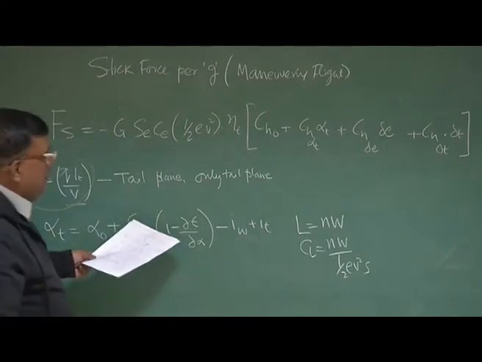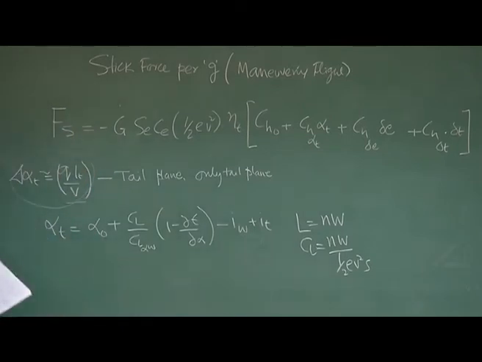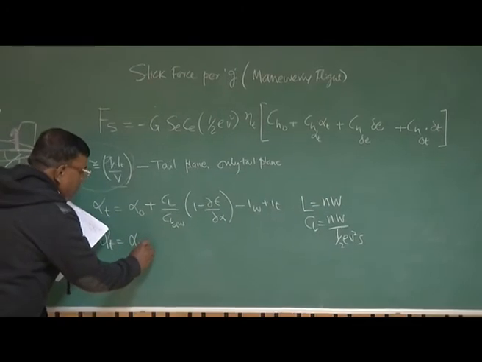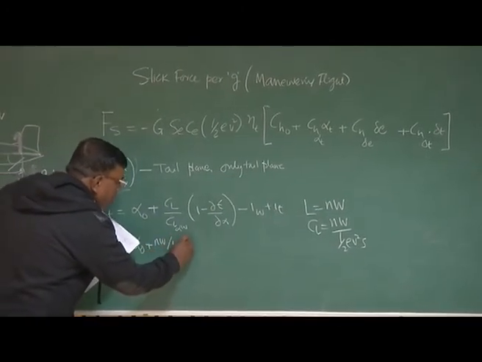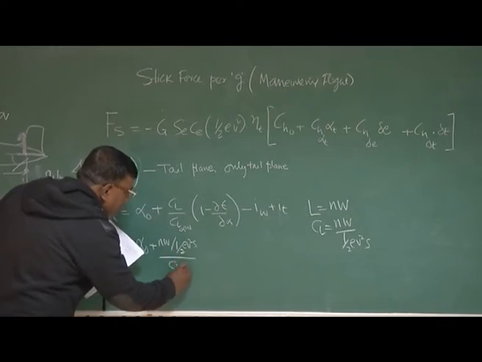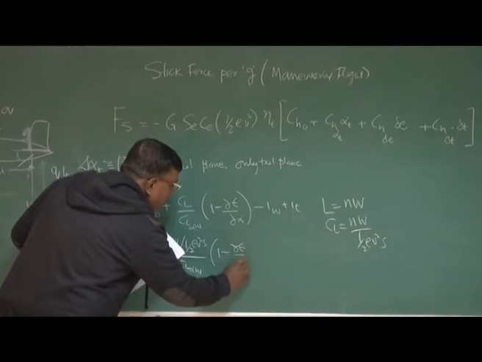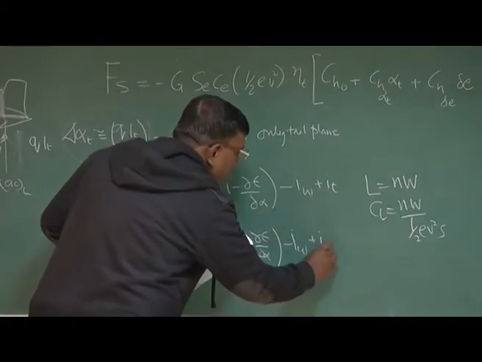So I have to replace CL by NW by half rho V square S. So what will this expression turn out to be now? Alpha t equal to alpha naught plus NW by half rho V square S divided by CL alpha wing times 1 minus d epsilon by d alpha minus IW plus IT.